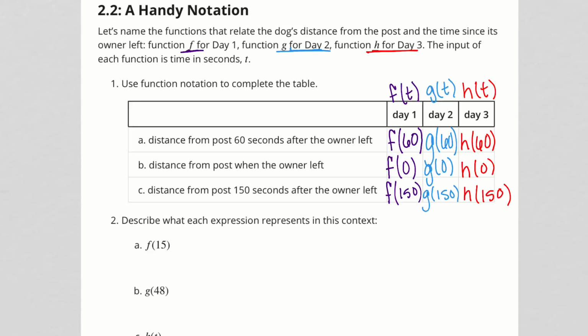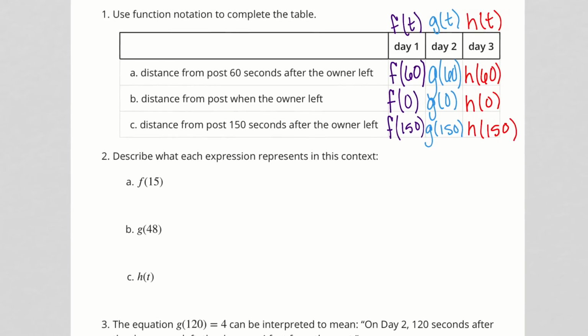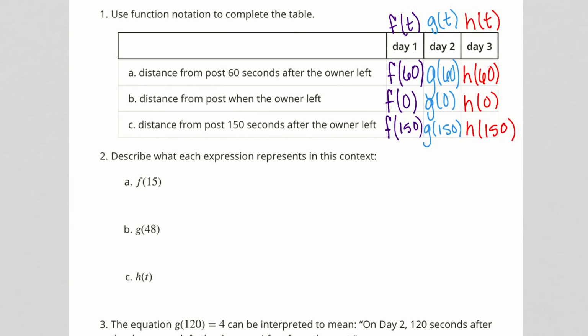So if we have f of 15, what does that mean? What represents the time? The 15. What if that is my input into the function? What will be my output? The distance from the post. So we can say f of 15.